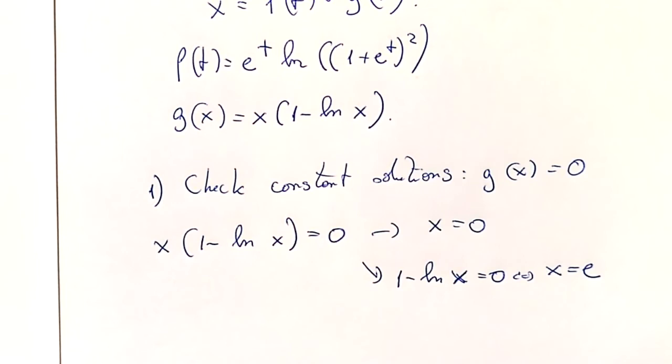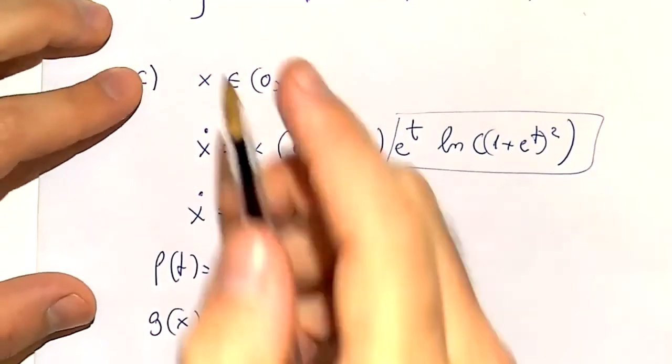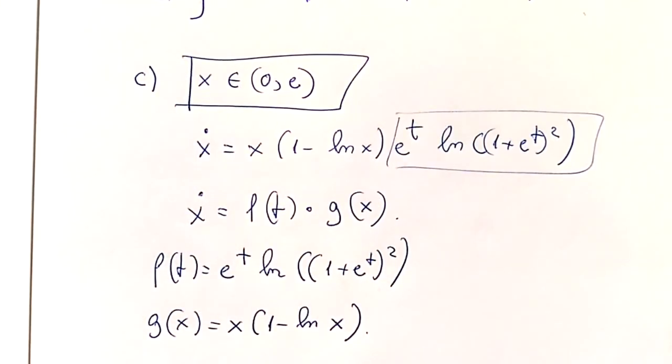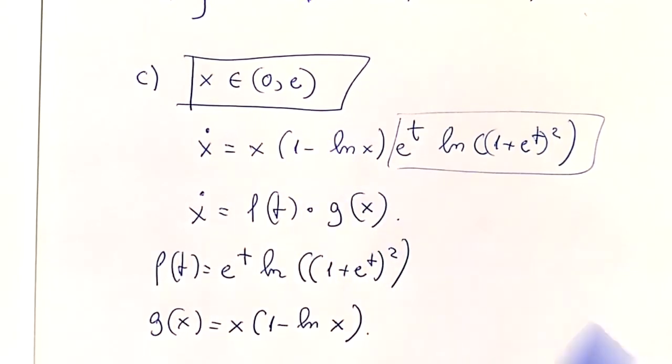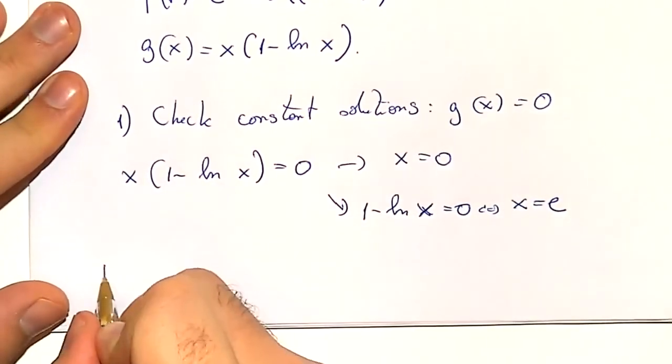And be careful, it seems like we found two solutions, but remember, he said x is in (0, e). Okay, so again, just a kind of a trick. It's like you found the two constants, and they would in all parallel universes be the correct constant solutions. But in this case, he just said, hey, x is just in this interval.